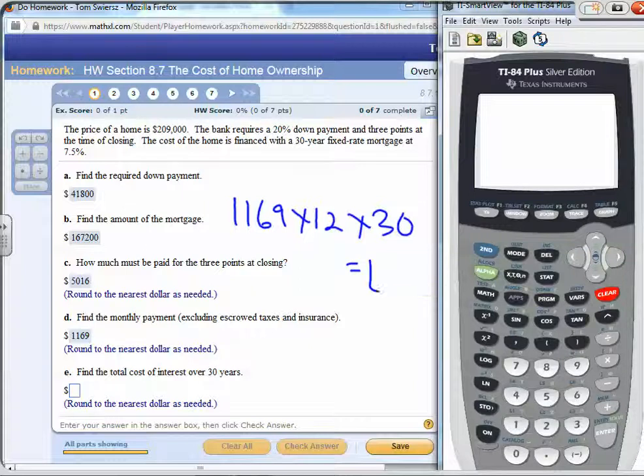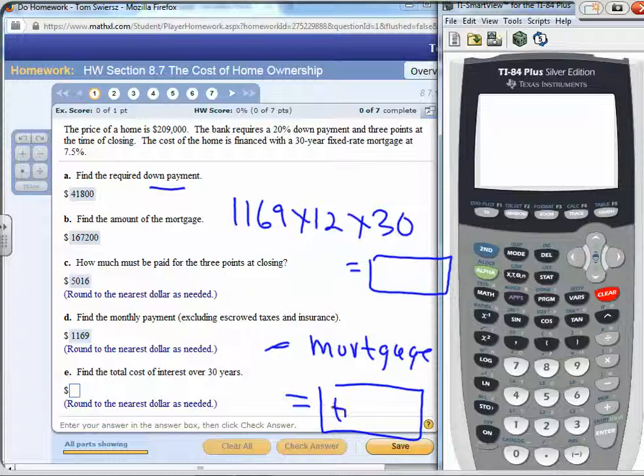That's going to give us the total amount we paid after the down payment. Then we'll subtract the mortgage to see how much extra we paid, which will equal the total amount of interest.